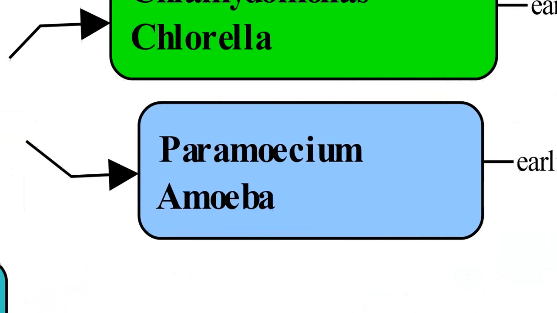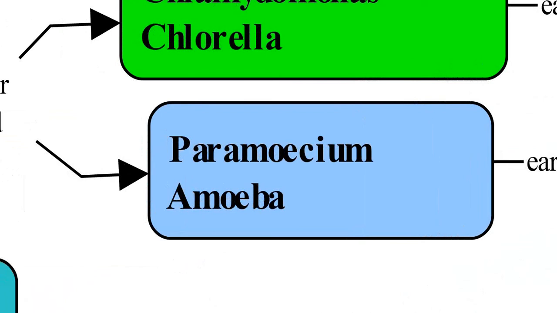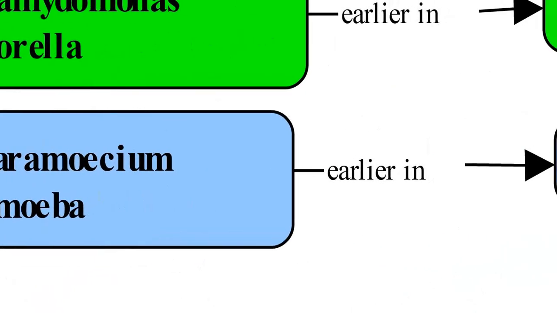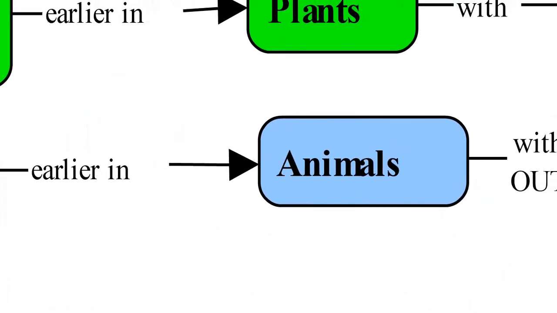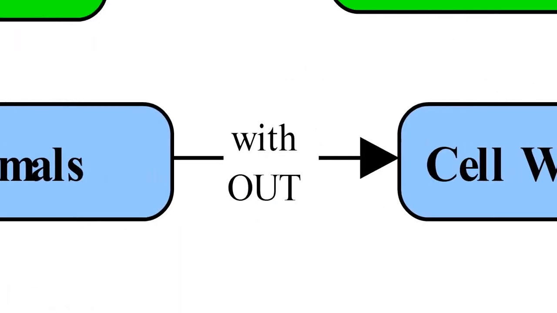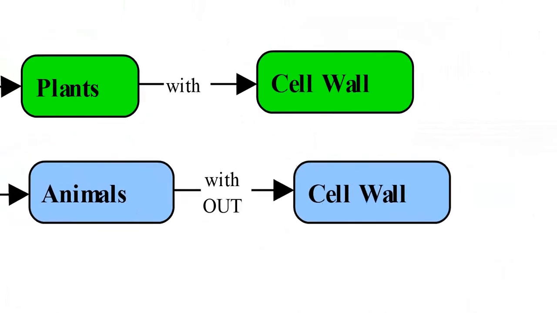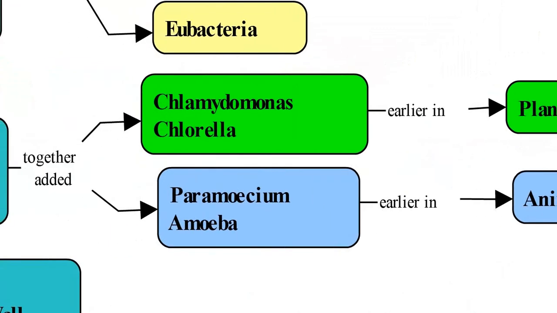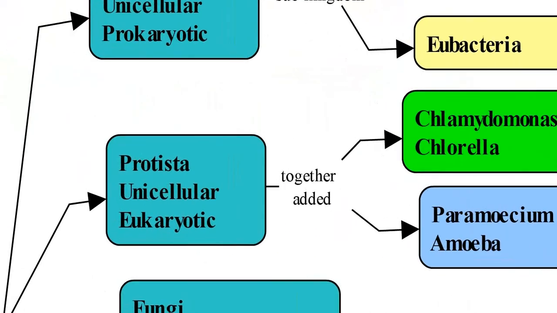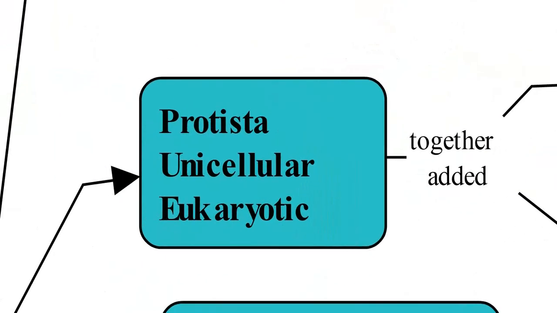While organisms like Paramecium and amoeba, in two kingdom classification, were placed under the animal kingdom, because of the absence of a cell wall in their cells. So finally, Chlamydomonas, Chlorella, Paramecium and amoeba were all placed together under the kingdom Protista, because R.H. Whittaker considered more than one point for keeping all these organisms: these are unicellular as well as eukaryotic organisms.